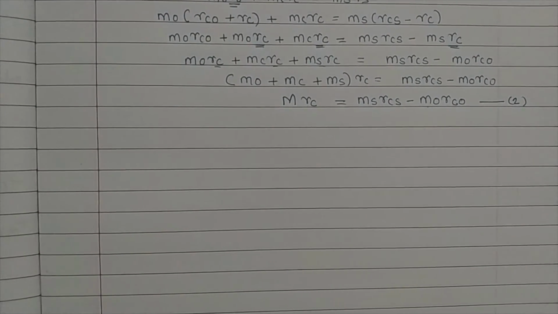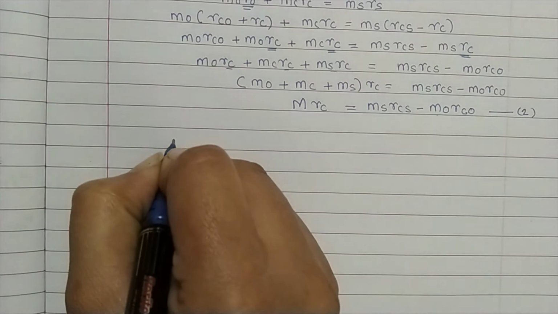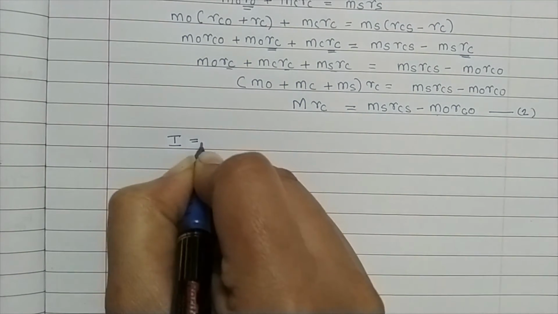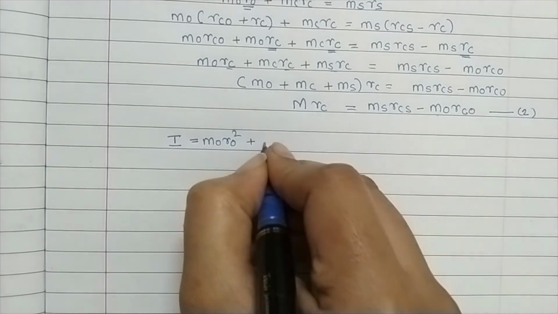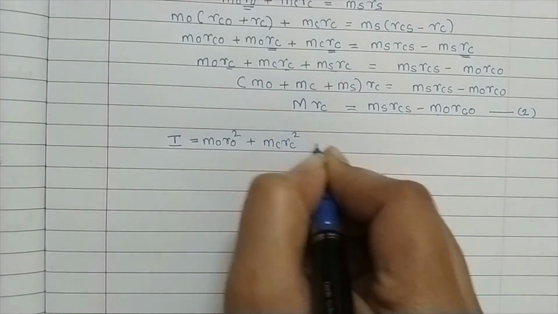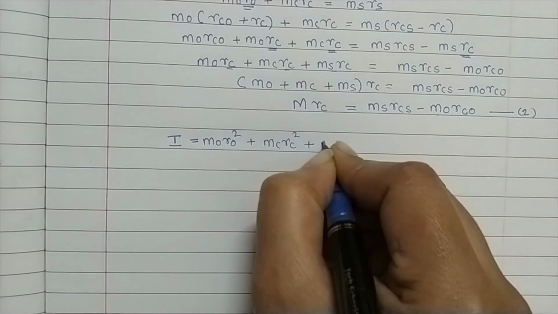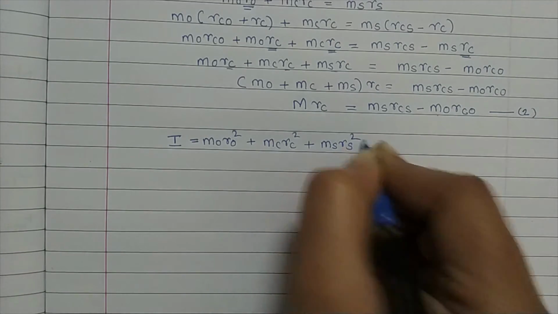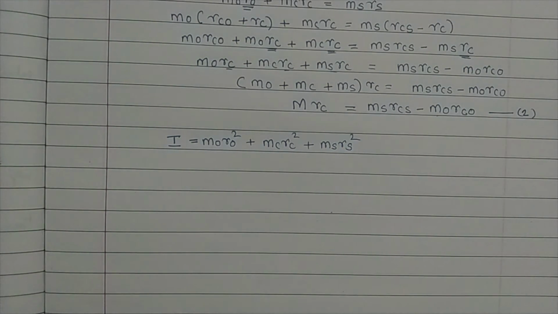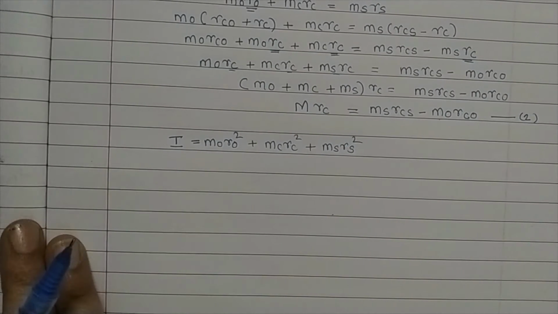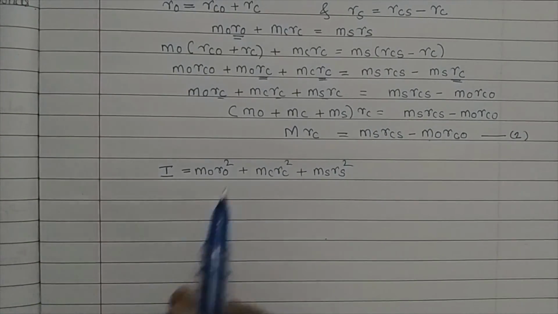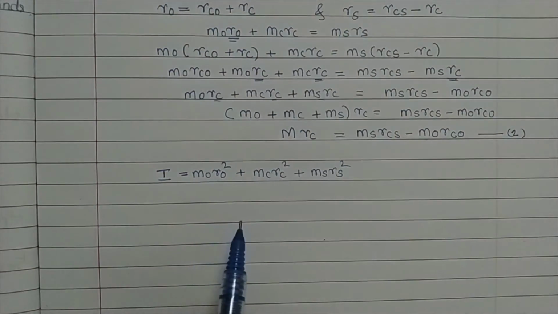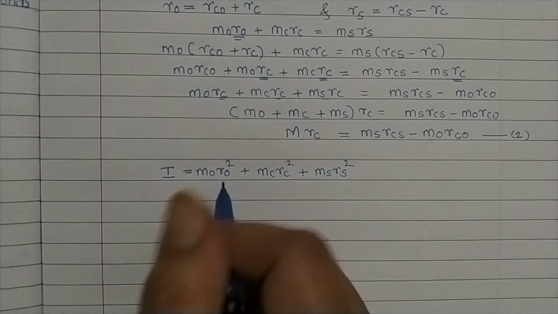Now, what you have to do, we know that I is equal to MO RO square plus MC RC square plus MS RS square. Okay. Now, again, substituting the value of RO and RS in this equation number 1.